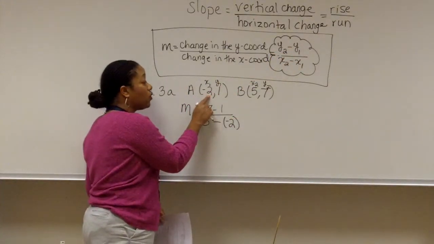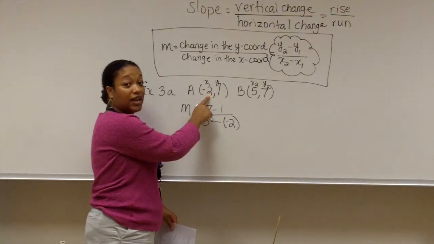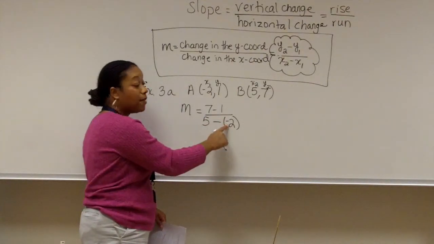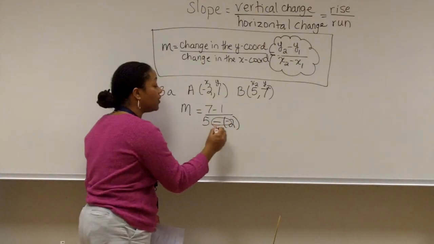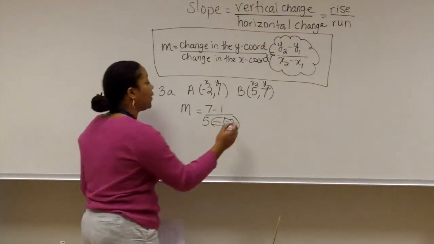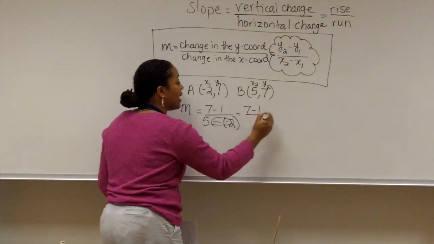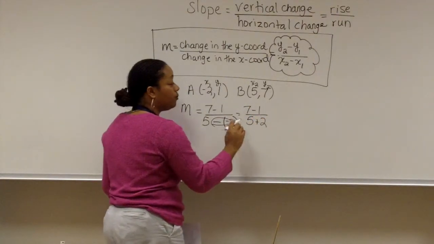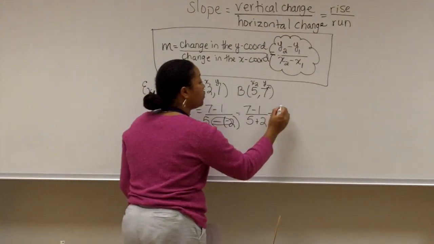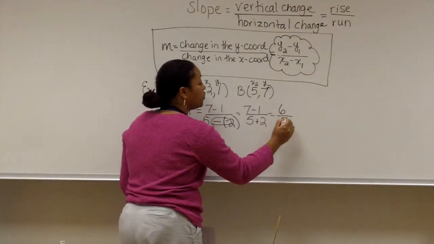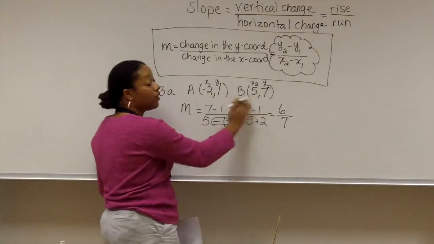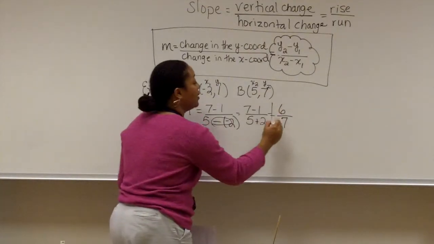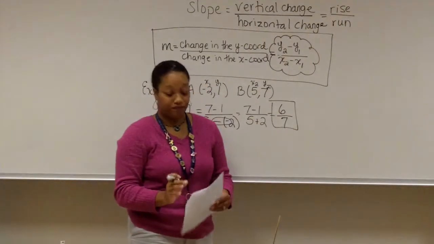Since the x coordinate of this first point is already negative, you don't drop it, but you do know that whenever you have a double negative, it becomes positive. So 7 minus 1 is divided by 5 plus 2. Basic arithmetic: 7 minus 1 is 6, 5 plus 2 is 7. So the slope between these 2 points is 6 over 7.